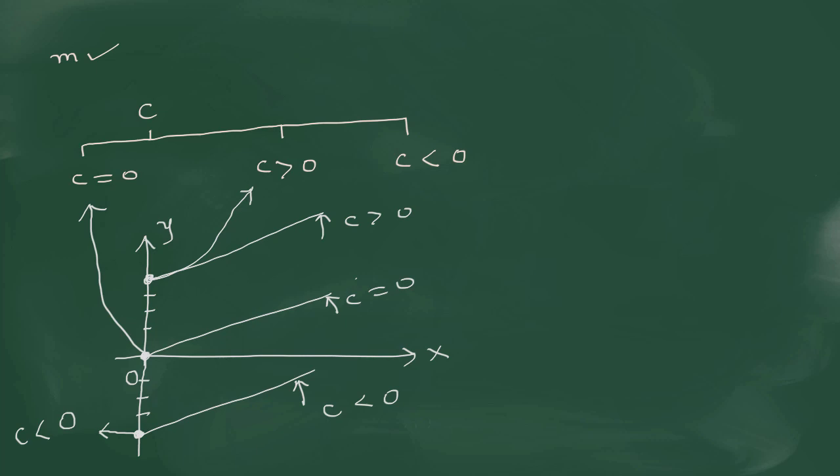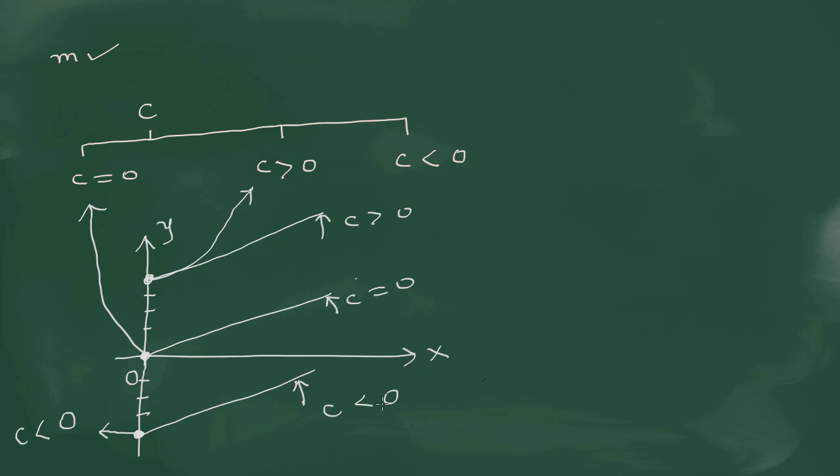Now you can play around with all possible positive and negative values for m as well as for c. C can take 0, positive, negative, and m can take 0, positive, negative. So when you choose all the possibilities, you can have all possible plots of straight lines.